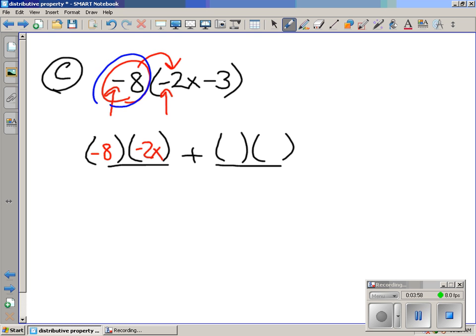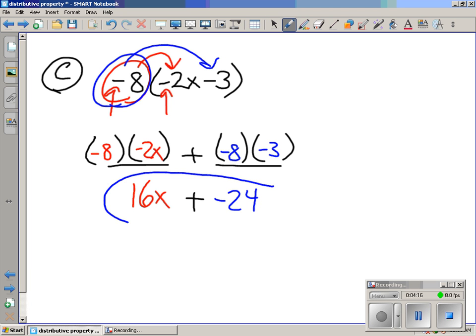Then I take the -8 and I also need to distribute it to the -3. So -8 multiplied by the -3. -8 times -2x, we get 16x. -8 times -3, we get -24. And these are not like terms, so that's the final answer.